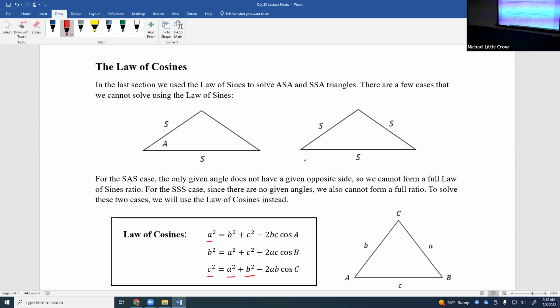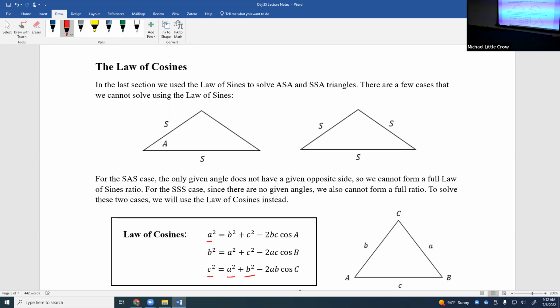What is the cosine of 90 degrees? 0, right? So if this was a 90-degree angle, this part becomes 0, and there's your Pythagorean theorem. So this is the Pythagorean theorem for any triangle that's not a right triangle.